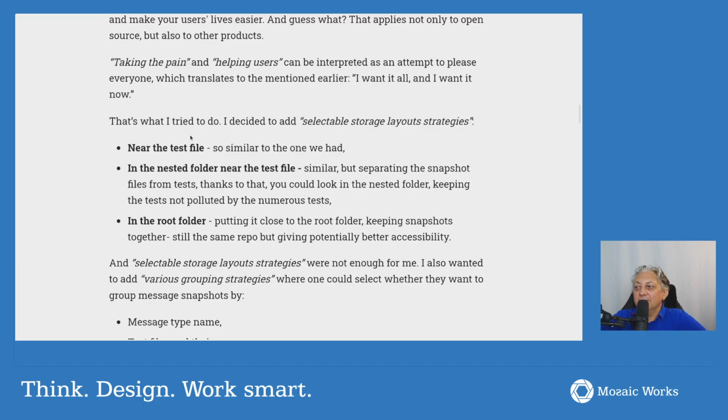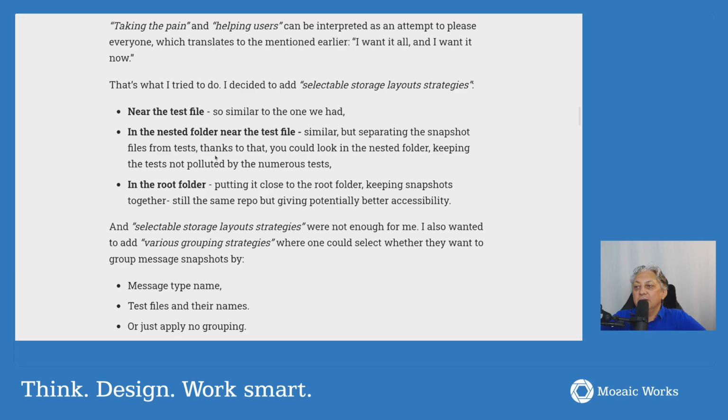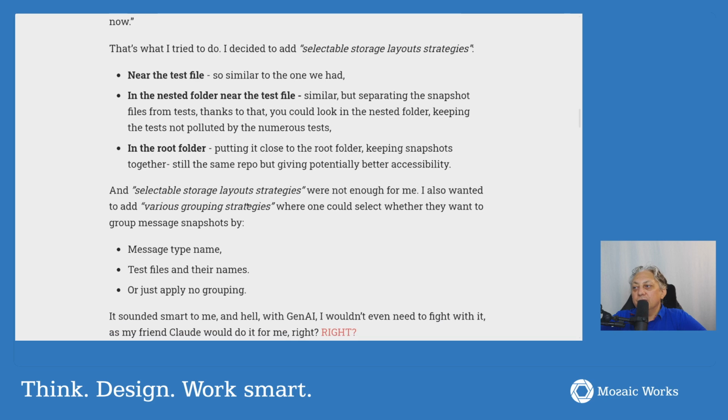I decided to add selectable storage layout strategies: near the test file, similar to the one we had; in a nested folder near the test file, similar but separating the snapshot files from tests; in the root folder, keeping snapshots together. And selectable storage layout strategies were not enough for me.